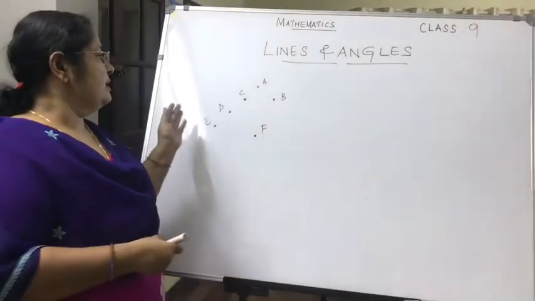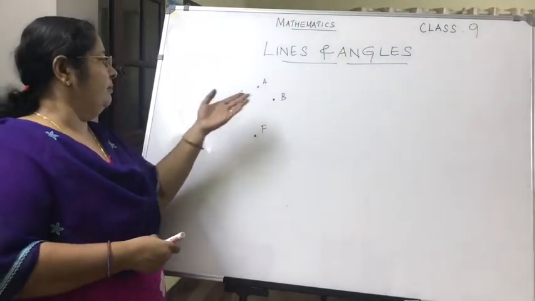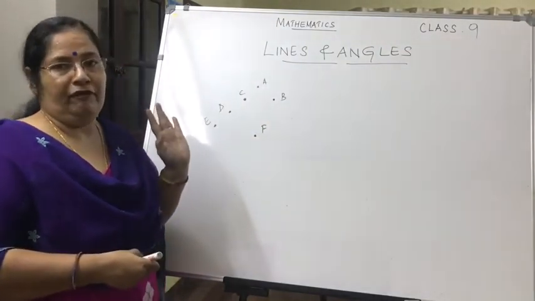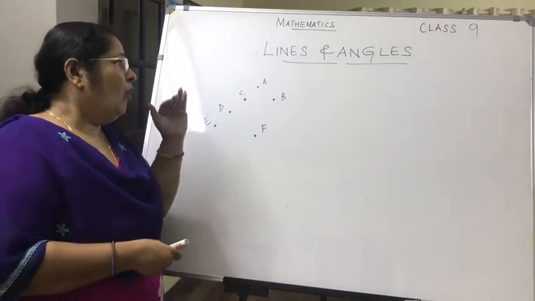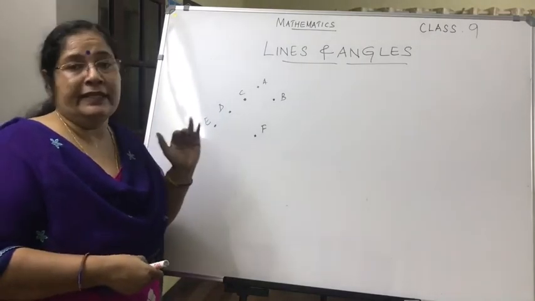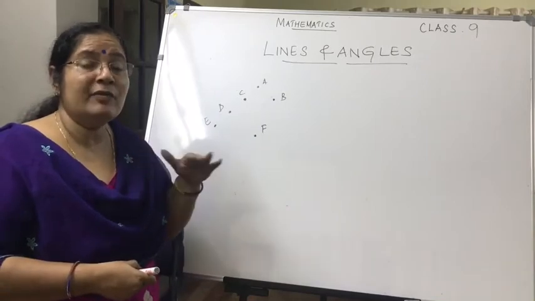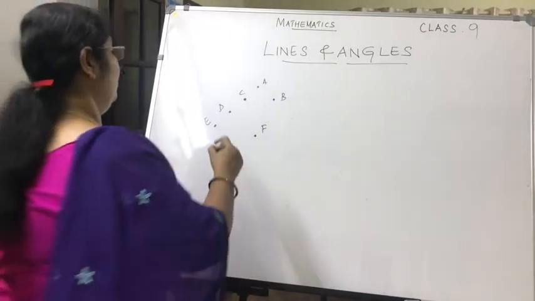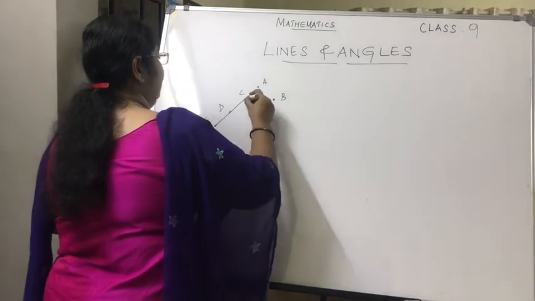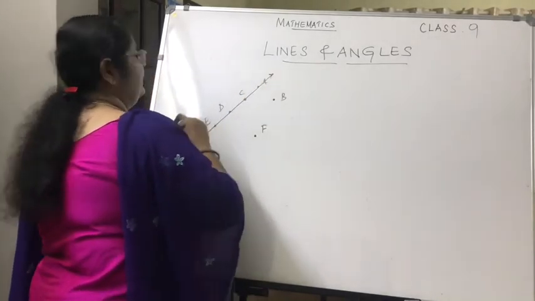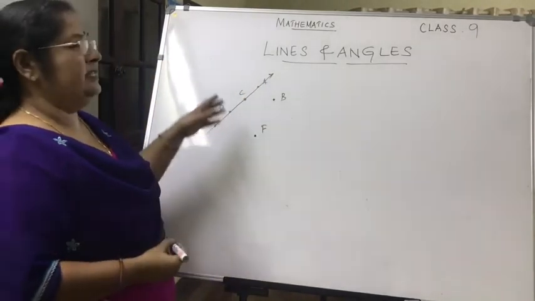Now I have marked some points over here. Point A, B, C, D, E and F. Now all those points which come on a straight line, which are those points here?